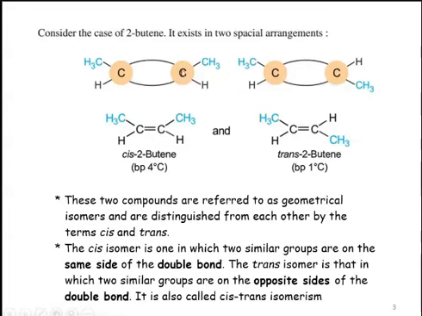Now here, what is the difference? Here we can observe both the CH3 groups attached to the carbon-carbon double bond lie on the same side. Whereas here, if we observe clearly, the two CH3 groups lie on opposite sides. So we will call such compounds cis compounds.